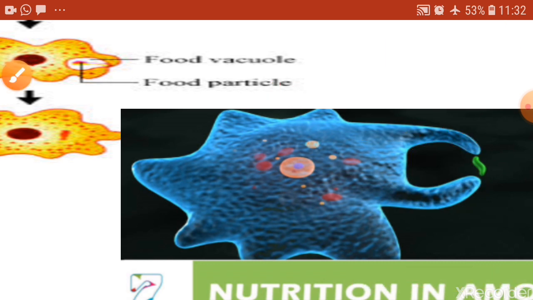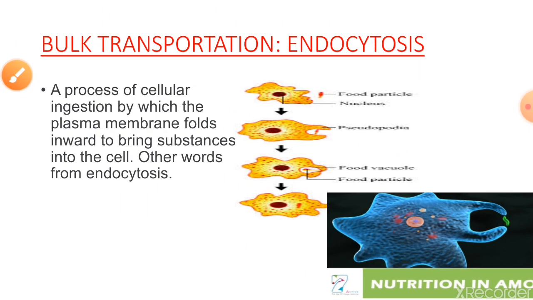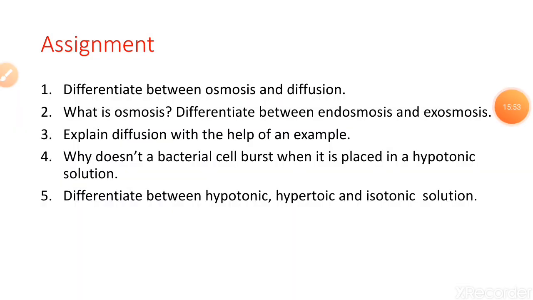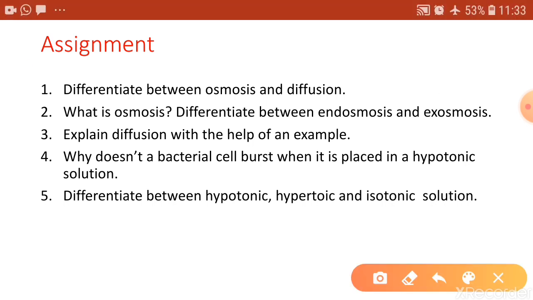So that's about how transportation occurs across the plasma membrane. Now here's an assignment. On the basis of the video that you have seen, there are some questions to be done in your class notes. The first question is: differentiate between osmosis and diffusion.